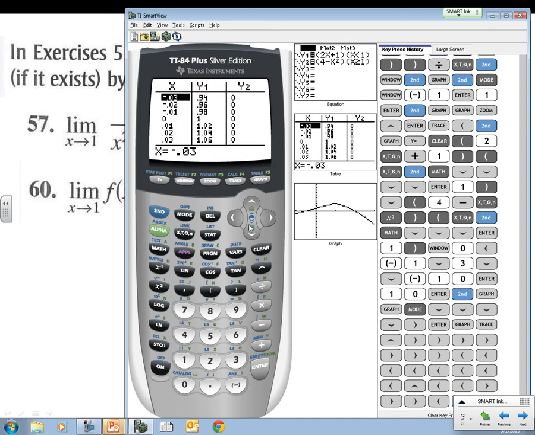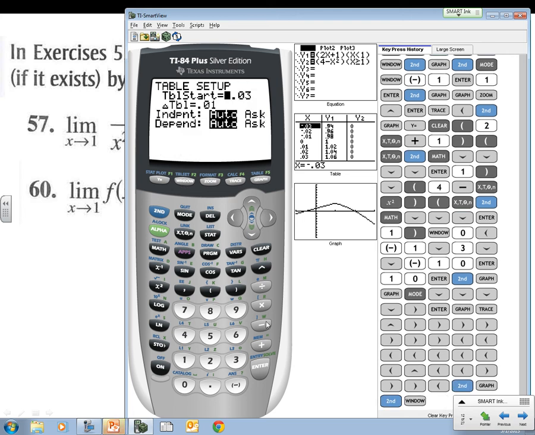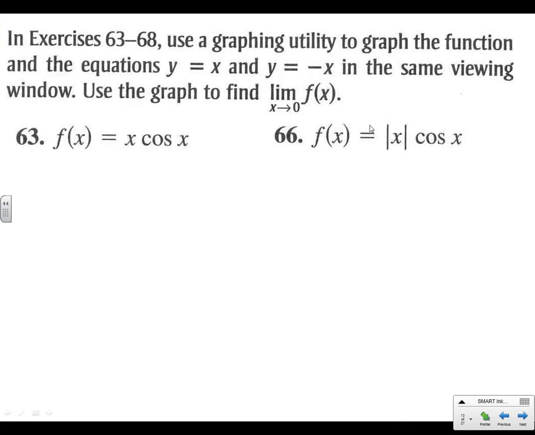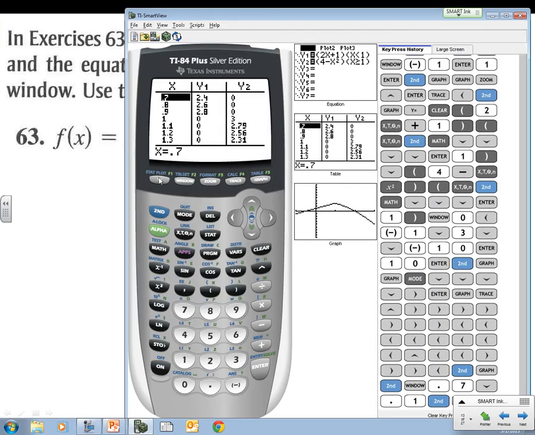As we approach 1, change my table set. 2.4, 2.6, 2.8, our next guess would be 3, but then we're going to ignore these because we don't care about y1 once we get to 1. We care about y2, and so if we go this way, notice here we do hit 3 exactly at 1, so it works out.